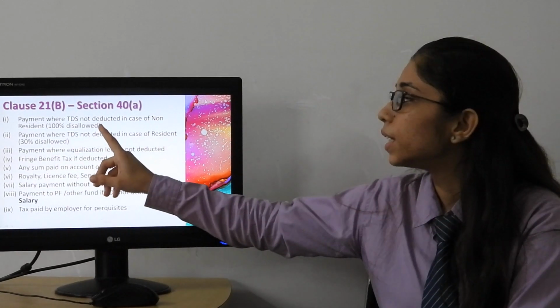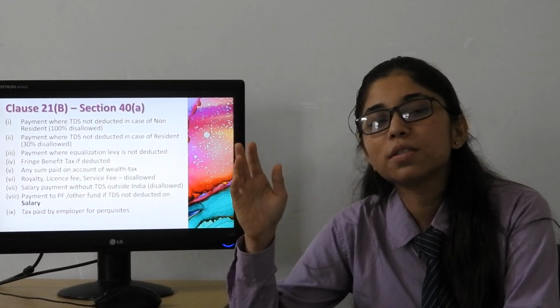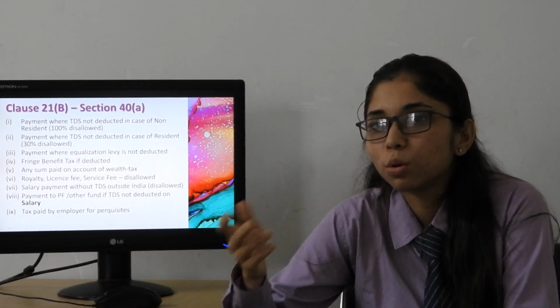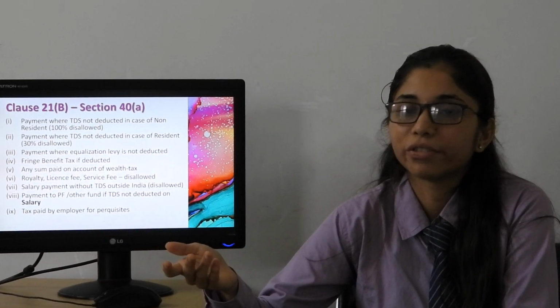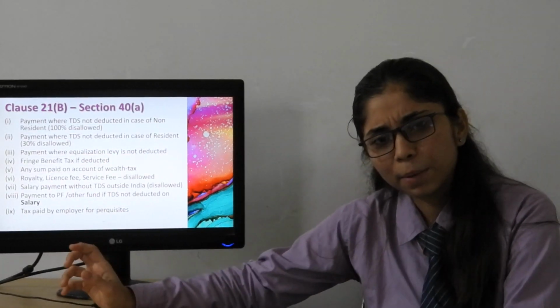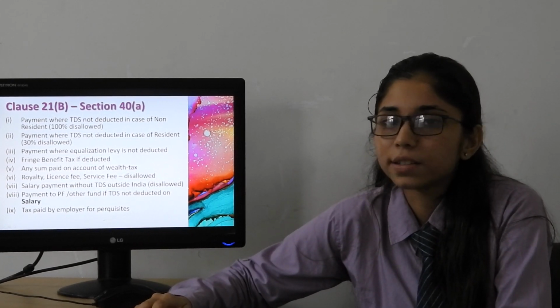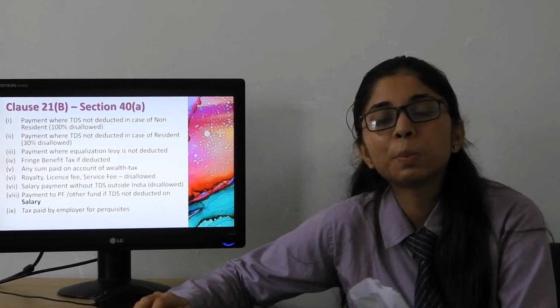Clause 21B, section 40(a). Normally this section talks that if there is no TDS, then no deduction of expenditure. Firstly, when there is any payment made to a non-resident and you have not deducted TDS, then 100% of the expenditure would be disallowed.